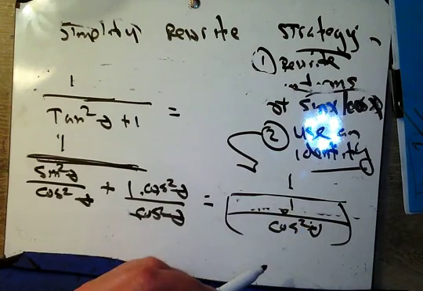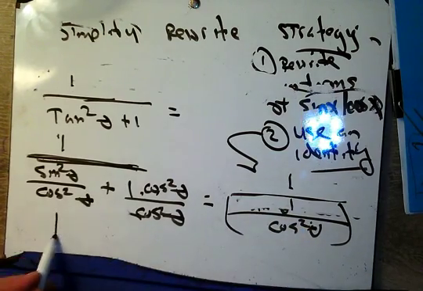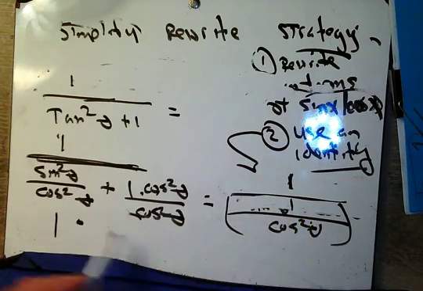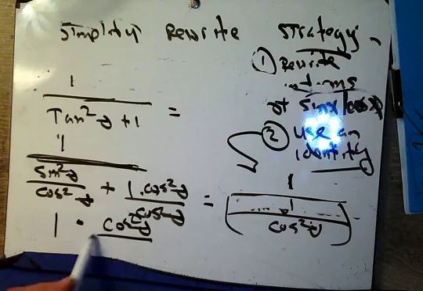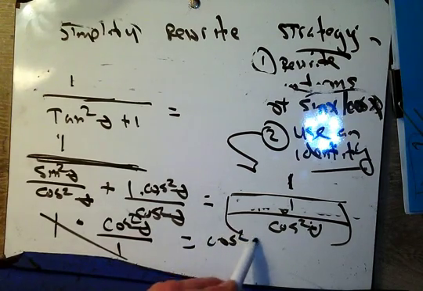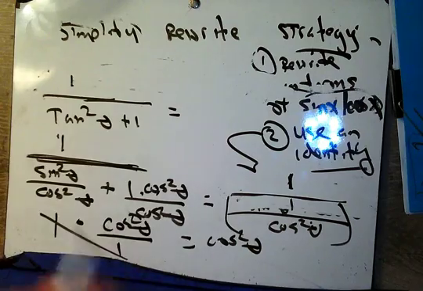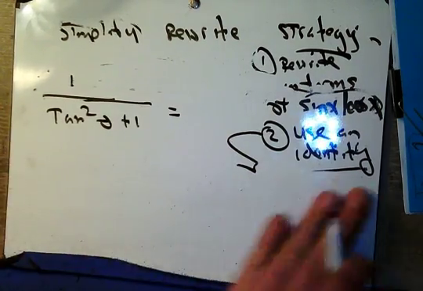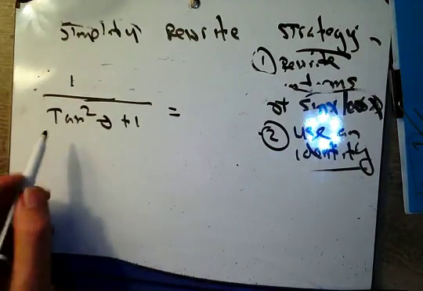And so now I'm going to do a flip and multiply. So I'm going to have 1, that's this one here, times flip and multiply. Cosine squared over 1. And so I end up with cosine squared. Good. That's one approach to this problem. I don't like that approach to this problem. I think it's long. I think you can get there, but I wouldn't do it.